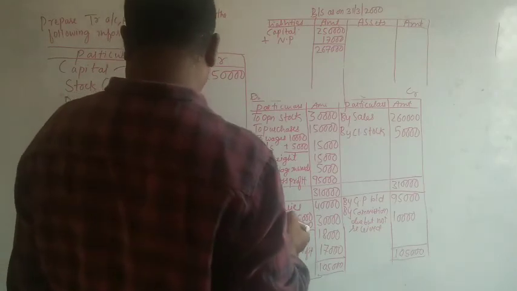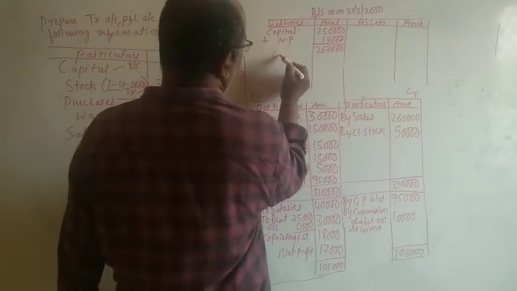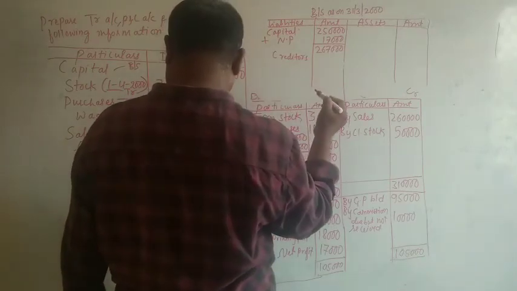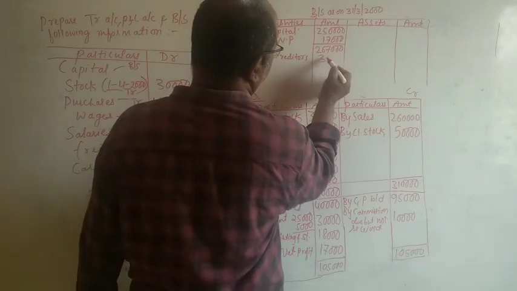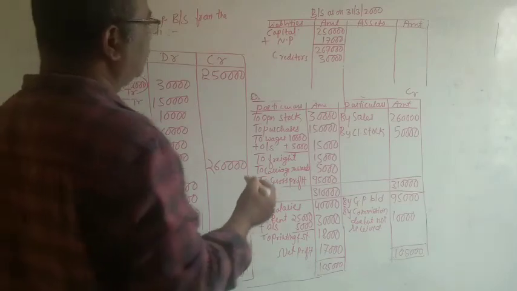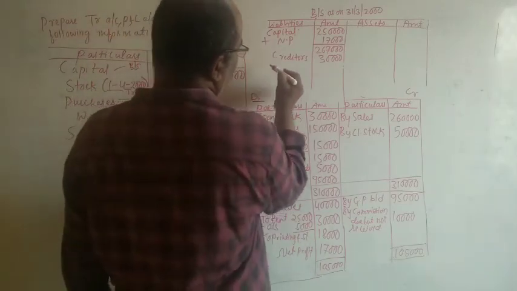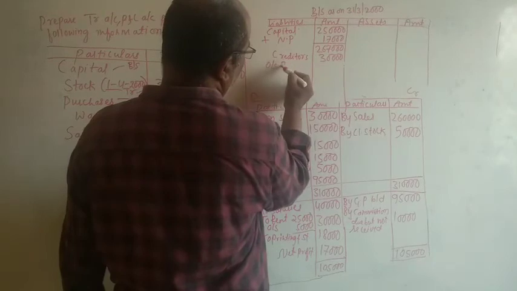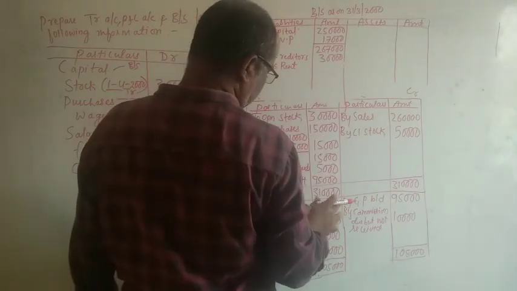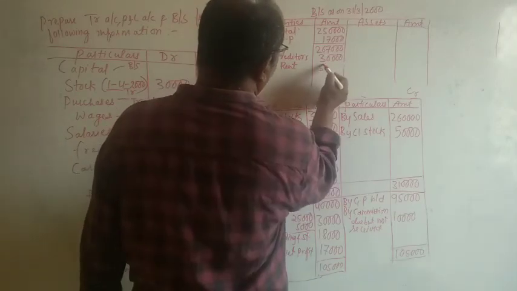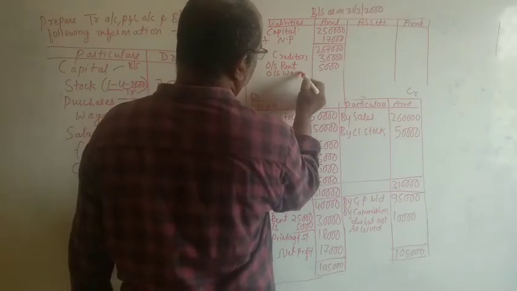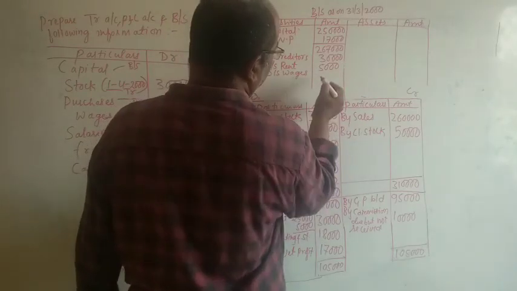Then creditors 30,000. Outstanding rent and outstanding wages, which are due but you have not paid, whatever you are supposed to pay should be shown on the liability side. Outstanding rent 5,000, and outstanding wages also 5,000.